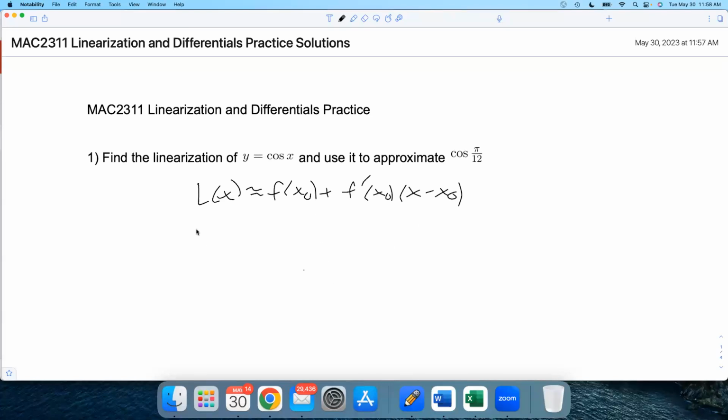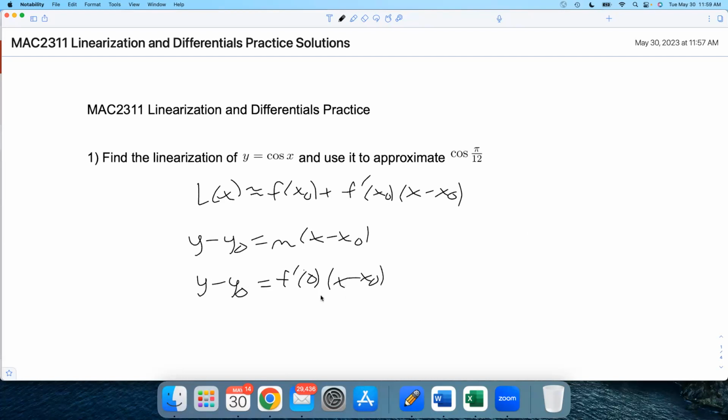I'd like to think of this more like y minus y naught equals m times x minus x naught. Or another way to think of that, because m is just the derivative, right? So y minus y naught equals y prime at x naught times x minus x naught.